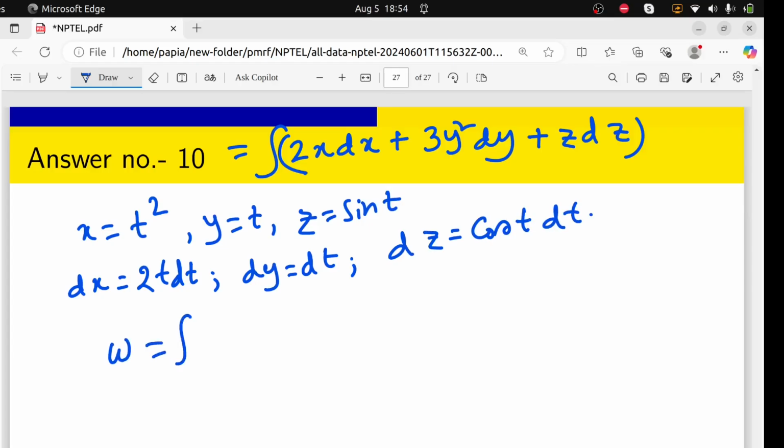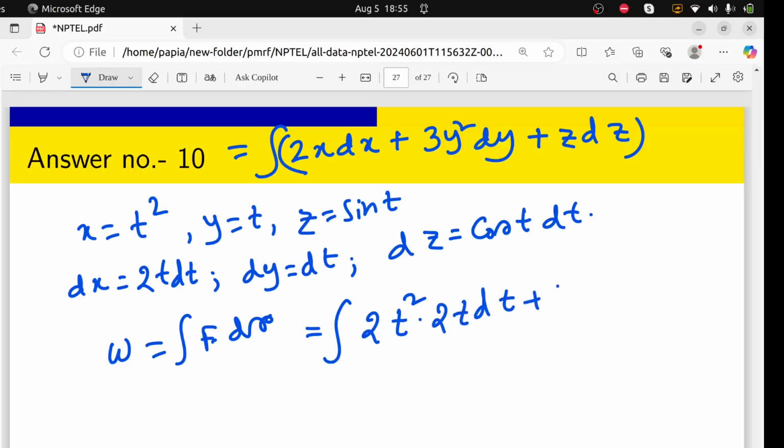So W, I can write, is F dot dr equals 2t square, then dx. dx is 2t dt, plus 3t square dt, plus z was sin t, cos t dt.